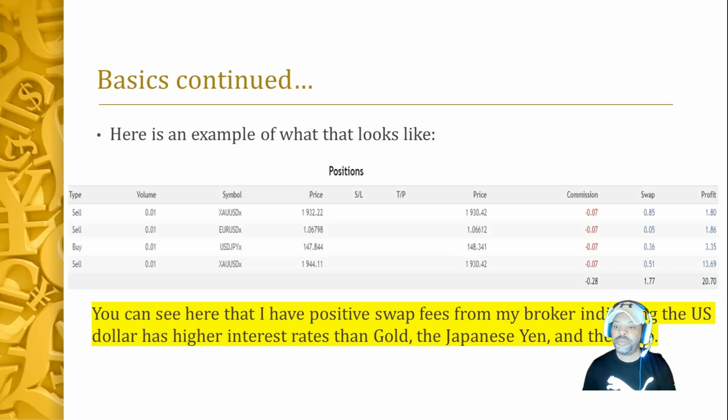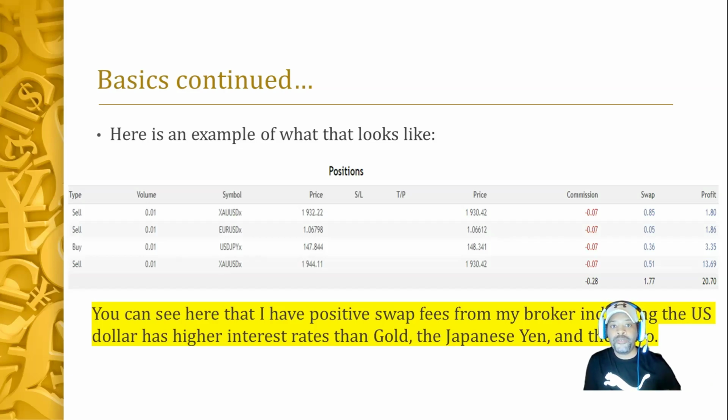You can see here, in this case, my commission is only 28 cents, but my swap fees are $1.77, and all the trades are positive as well. So my broker is now paying me to take winning trades. This is game changing. It doesn't matter if there are high impact news events. In fact, this works even better.